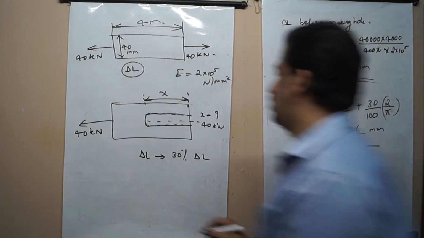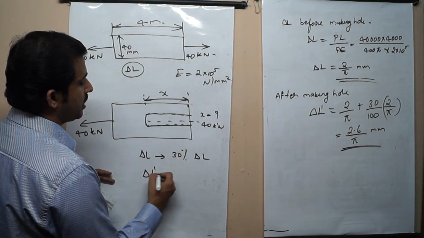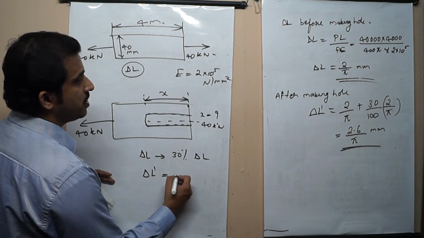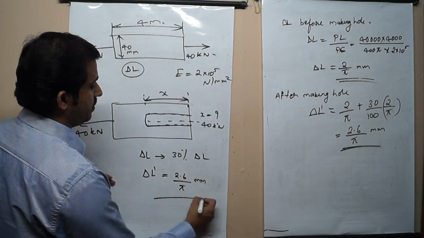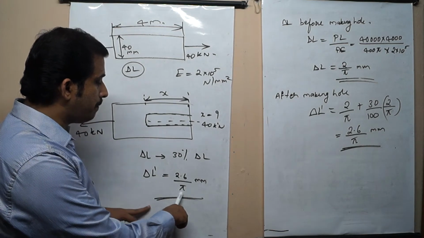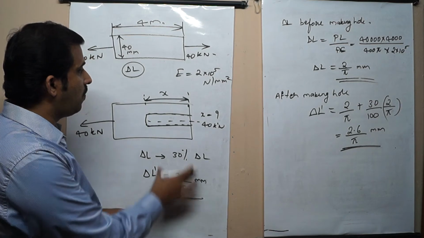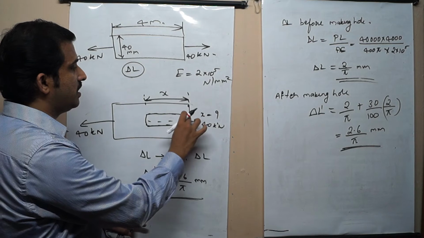So this is the net elongation. So our question is, for 2.6 by pi mm elongation, what will be the length of the hole that you made inside the steel rod?